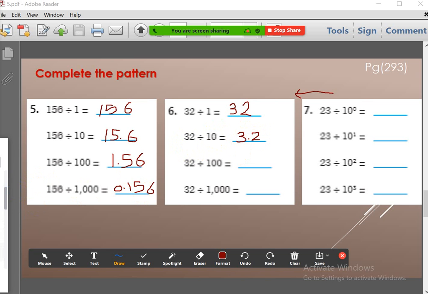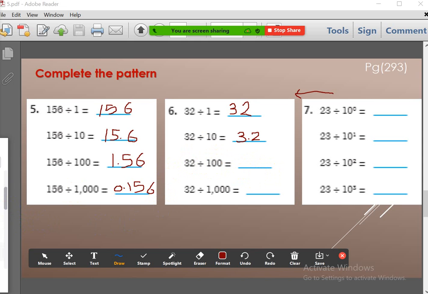between 3 and 2. Yes, Najd, could you please give me the answer for this one, 32 divided 100? Yes, teacher. What is the answer for this? 32 divided 100. 0.32.